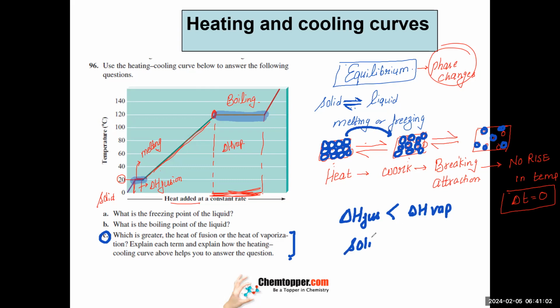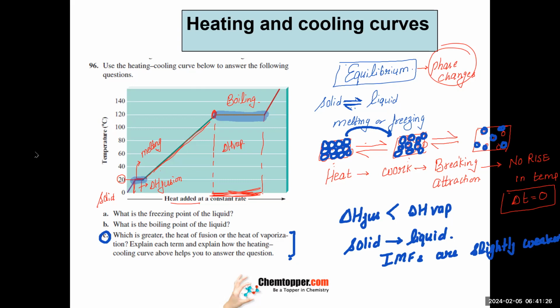Why? Because we are just making them slightly weaker. IMFs are still there. IMFs are just slightly weaker, but they are there. So less heat is needed.